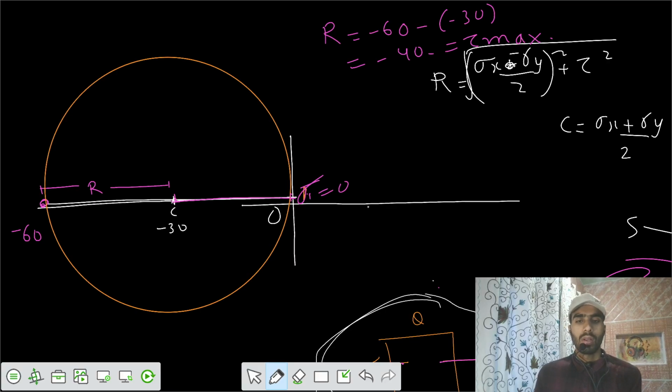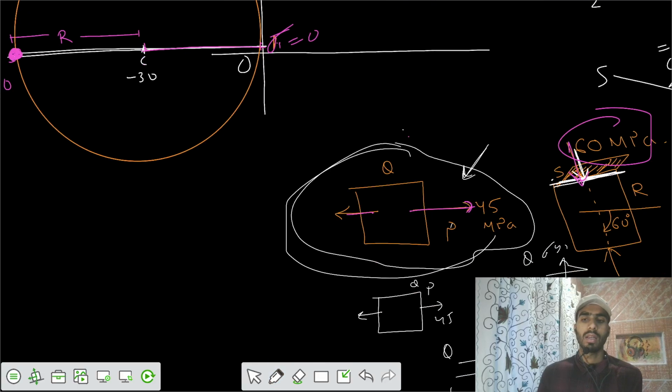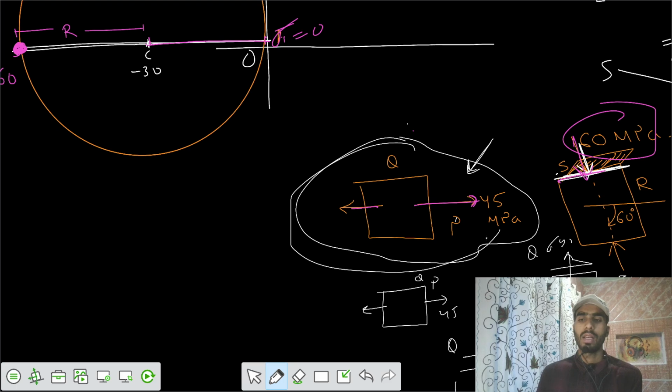Now this is our plane. Can you tell which plane this is? Minus 60 is acting on plane S, and zero stress is acting on plane R. So this plane is the R plane, and this plane is the S plane.